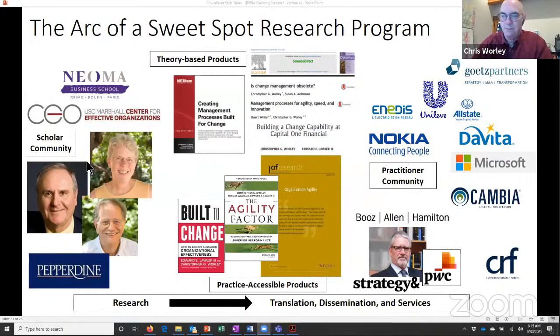But that's been a big part of my life for the last 15 years or so, as I've tried to understand the phenomenon of organization change and define the notion of agility, operationalize it, integrate it with what we know about strategy and organization disciplines, and contribute to knowledge generation in a theory way and in a practice way as well.